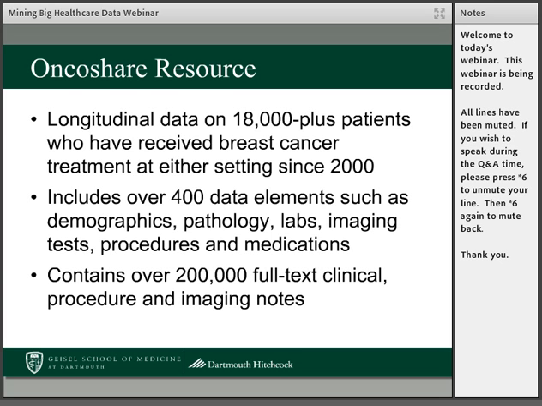So the first step is just deciding what portion of the data is useful for the purpose of research. In our case, we looked at about 400 data elements, where we looked at the demographics, obviously very important, but also information coming from pathology labs, imaging, other tests, and so forth. One of the things that we also had access to was the clinical notes, procedural notes and imaging notes, which I won't talk about today, but which is another opportunity to look at data.